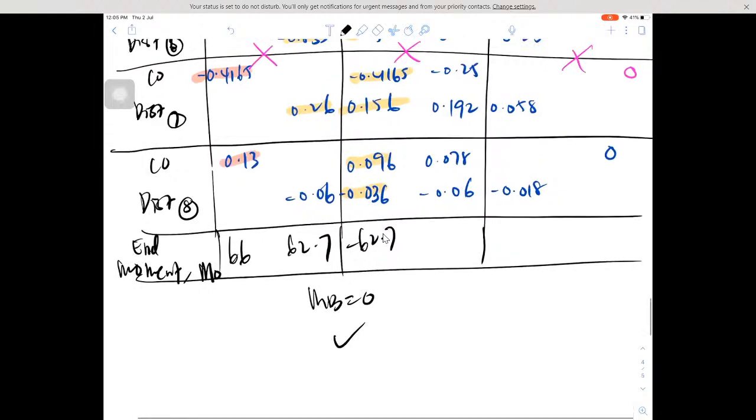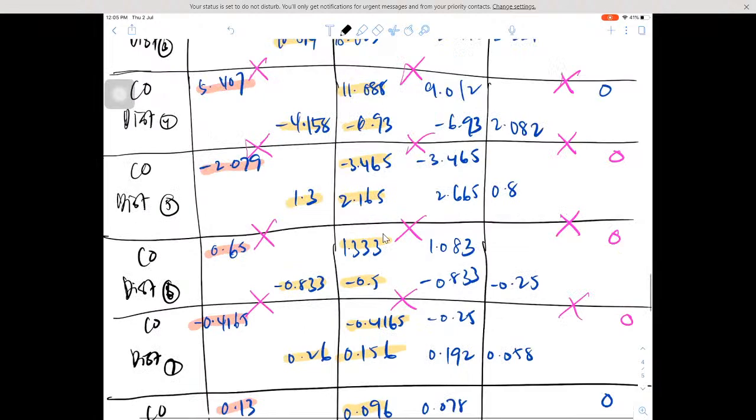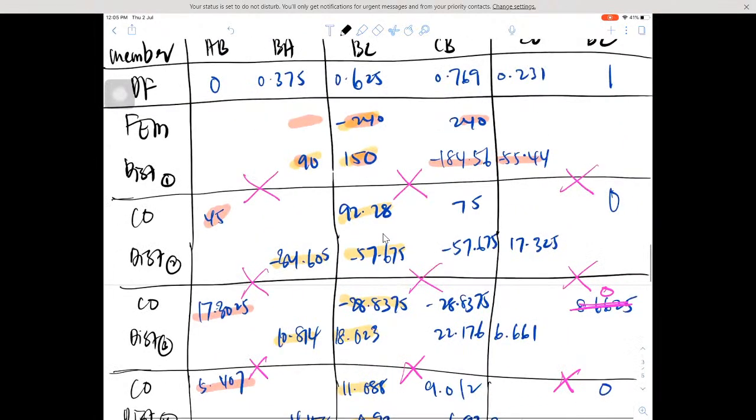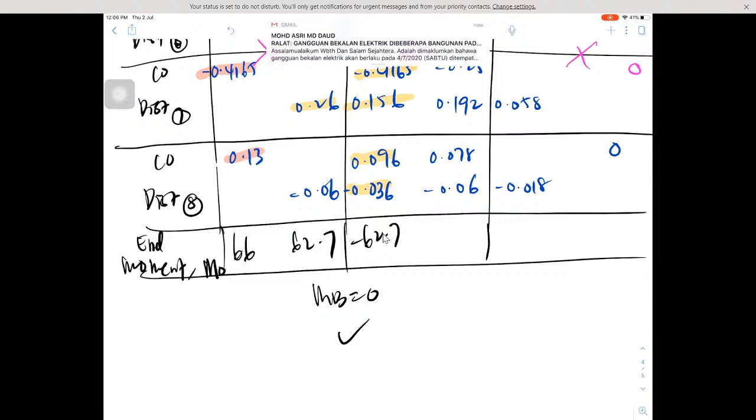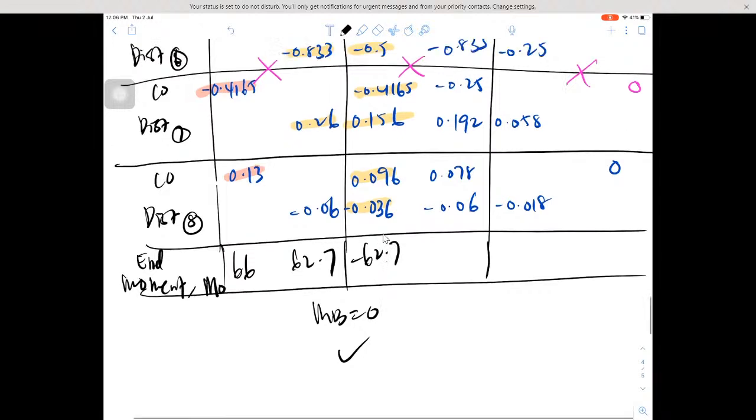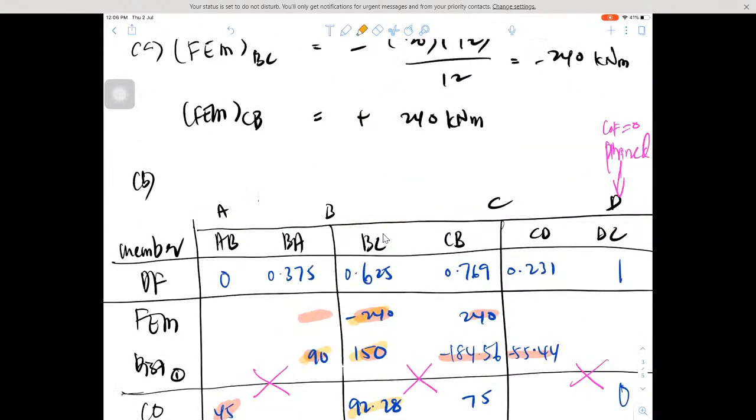So this is correct. Okay, so we do the same for CB, CD and DC.